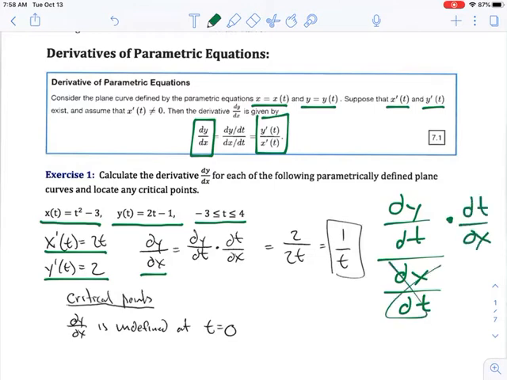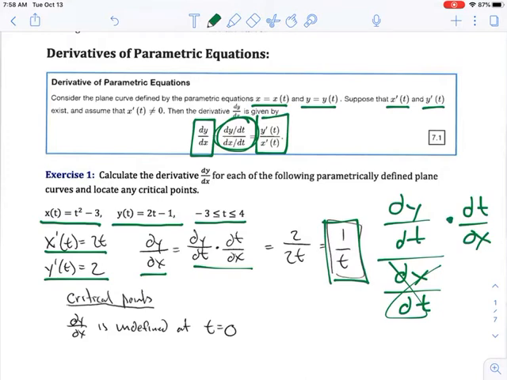It just saves a step. So that's what I've written here, but that's the same thing, I think we can all agree. So then we end up with 2 divided by 2t, which is 1 over t. So the derivative of y with respect to x is actually in terms of our parameter t, and that's the way it is going to work.